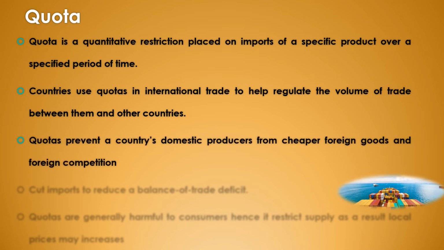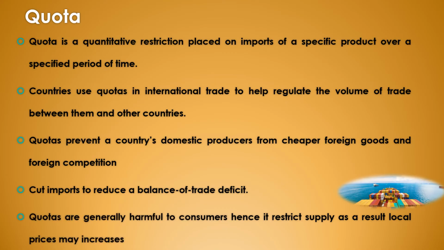Quota protects countries' domestic producers from cheaper foreign goods and foreign competition. It also helps reduce the balance of trade deficit as well. However, quotas are generally harmful for consumers. Hence, it restricts supply. As a result, local prices may increase.